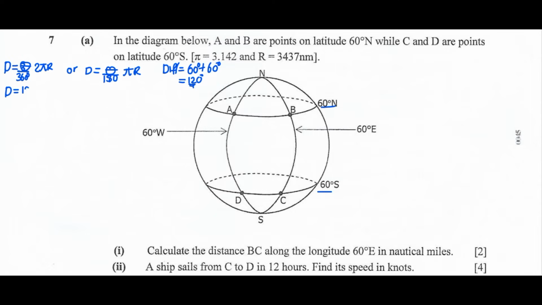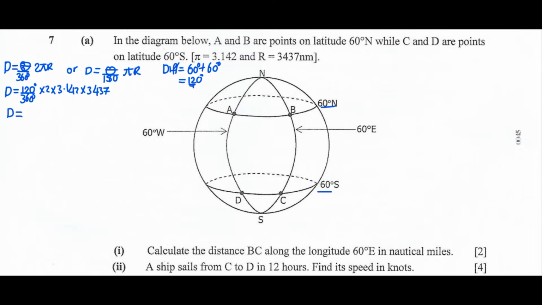Distance is equal to 120 over 360 times 2 times 3.142 times the radius, which is 37. So let's do the calculations. So 120 times 2 times 3.142 times 37.